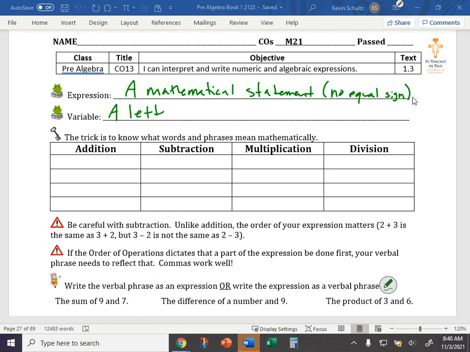It really could be anything, it could be a symbol, it could be a rock, I don't know, but it's usually a letter that represents an unknown value. Okay, it's a letter, usually, for our purposes, that represents an unknown value.